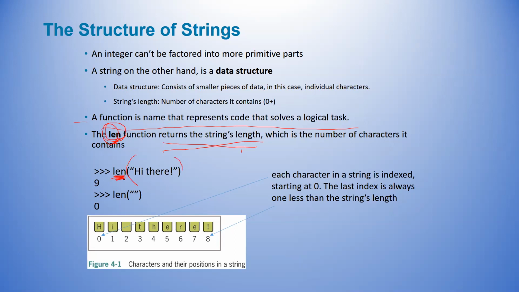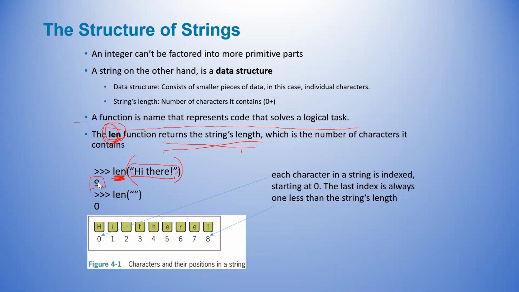So len is the function name, followed by the parentheses, and inside, this is called an argument. An argument, that's the value you want to perform on. So len, hi there, you want the length of this argument, and it will give you 9.